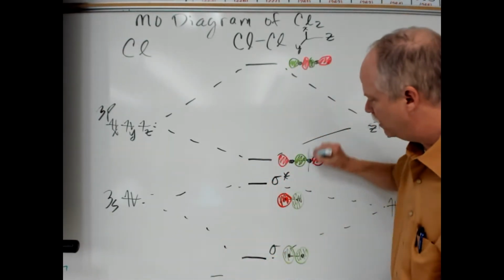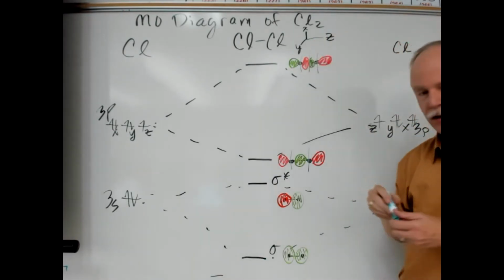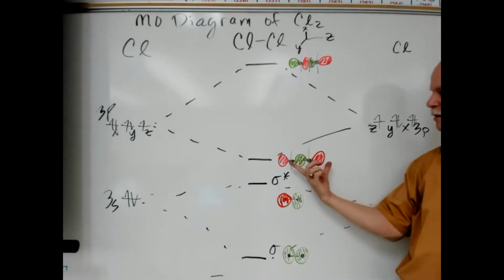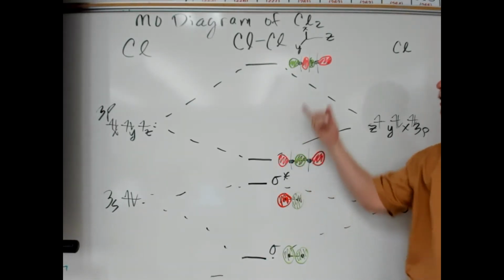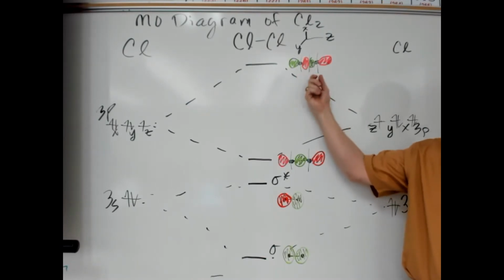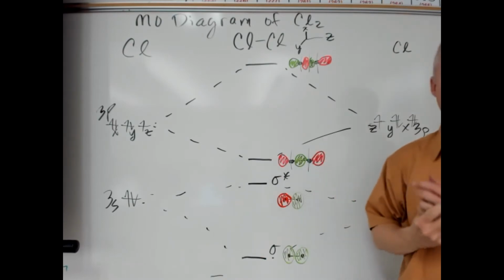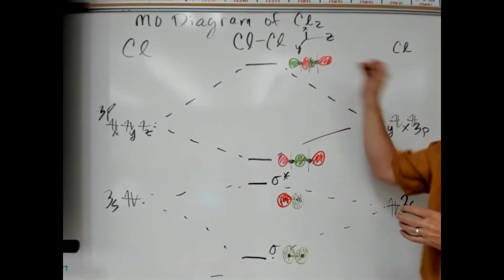We see a node here, here, and now we have three nodes up here. So even though we have an expanded box, we've got high curvature, so that increases the energy of the wave function. And here we have even more energy, more curvature to the wave function. Again, curvature is related to the number of nodes. If it's curving a lot, it's got to go through 0. And that's what we're showing with the different colors.